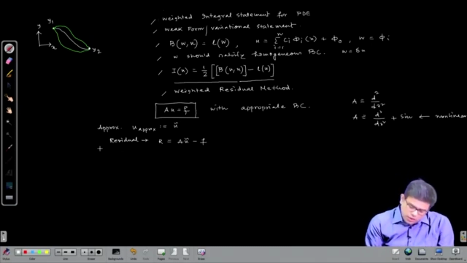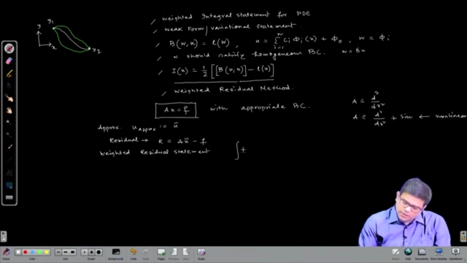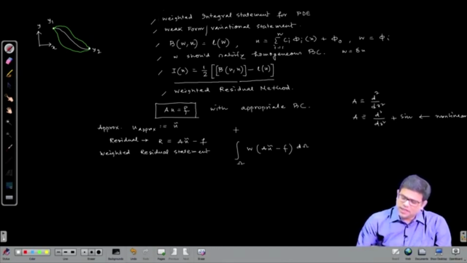The weighted integral statement I can write as the integral of some function w times A of u tilde minus f, d omega, where omega is the domain.